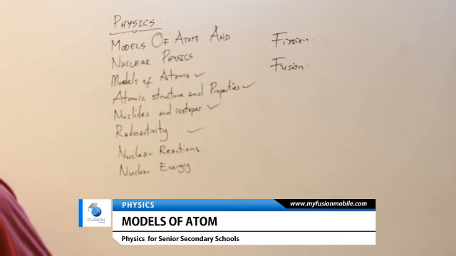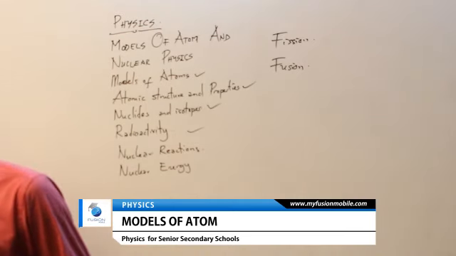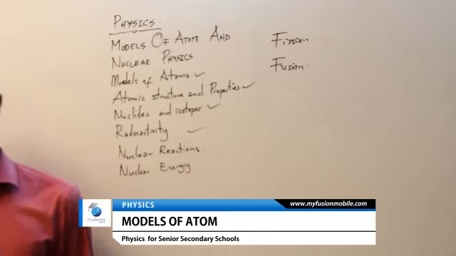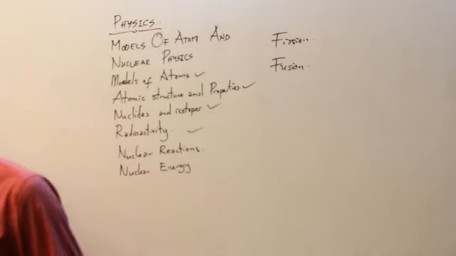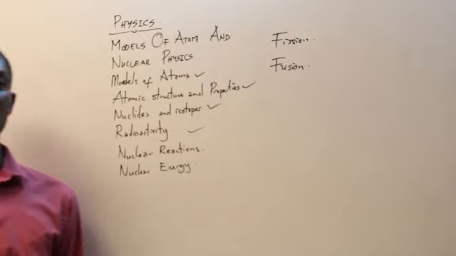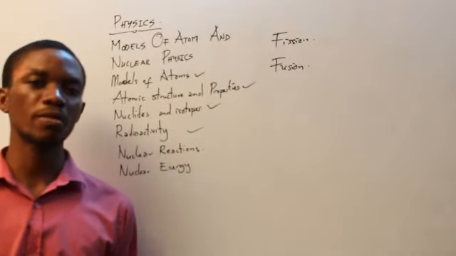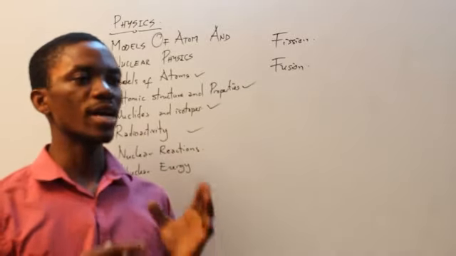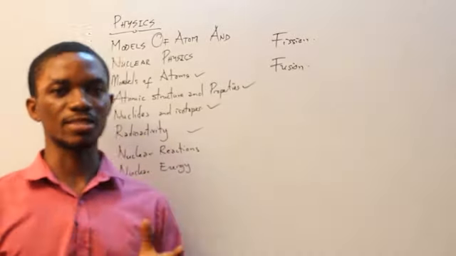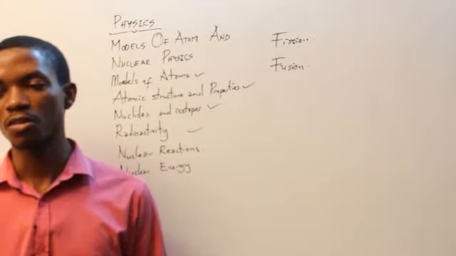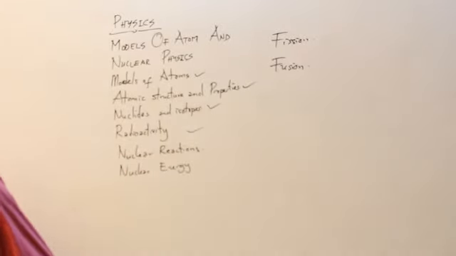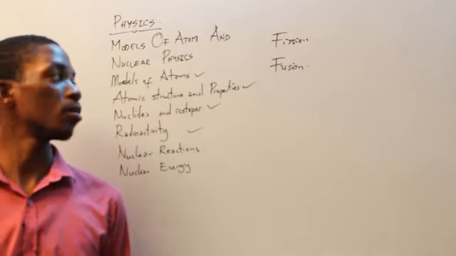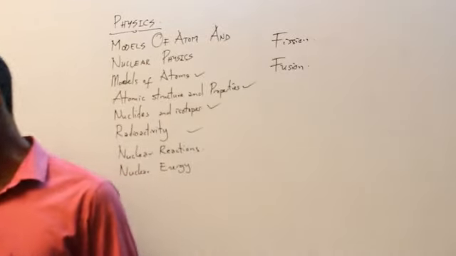So we can define nuclear fission as a decay process in which an unstable nucleus splits into two comparable parts, while nuclear fusion is the joining of two or more lighter nuclei to form a greater, bigger one.